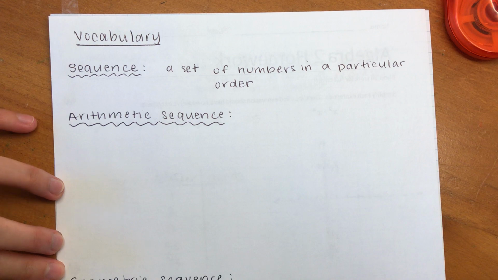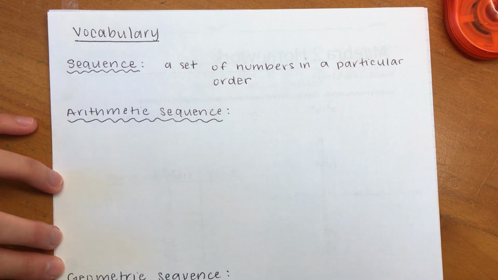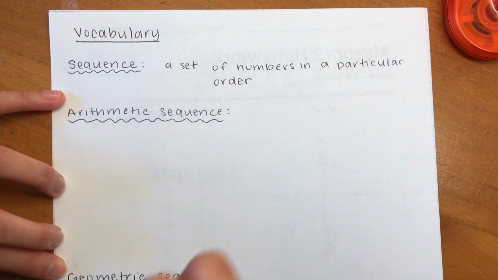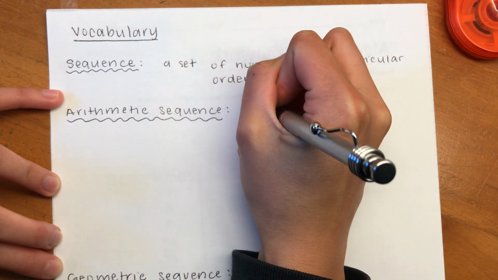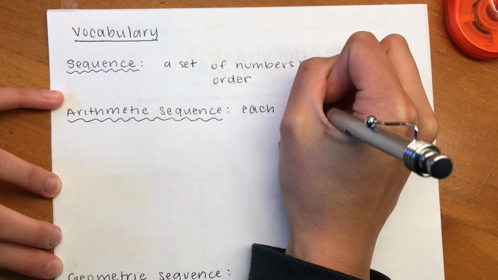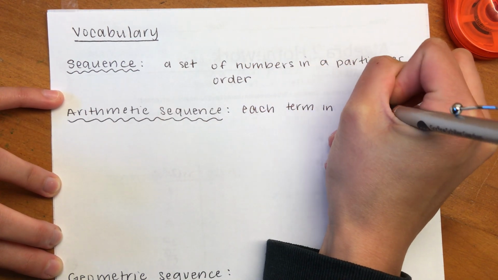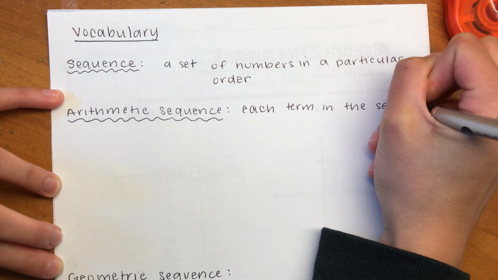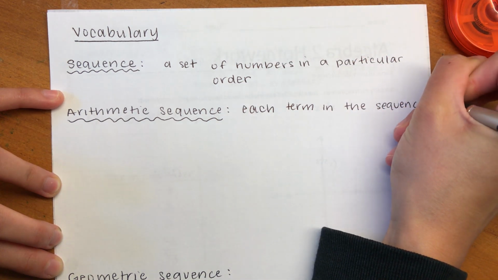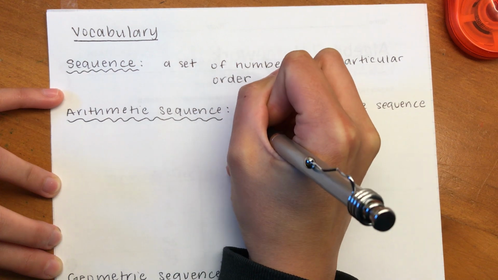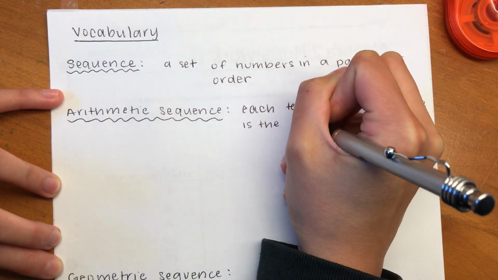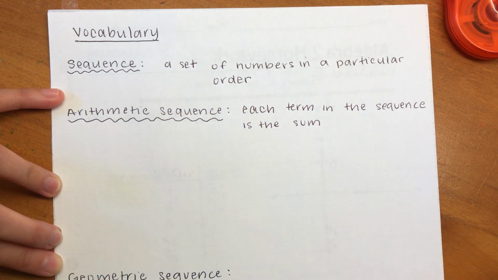An arithmetic sequence is a specific kind of sequence. In this case, each term in the sequence is the sum, and what does sum mean?